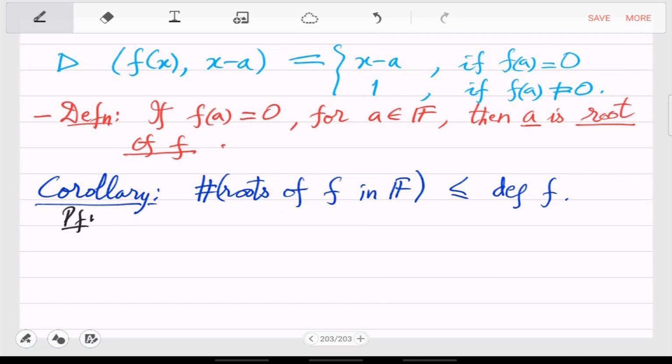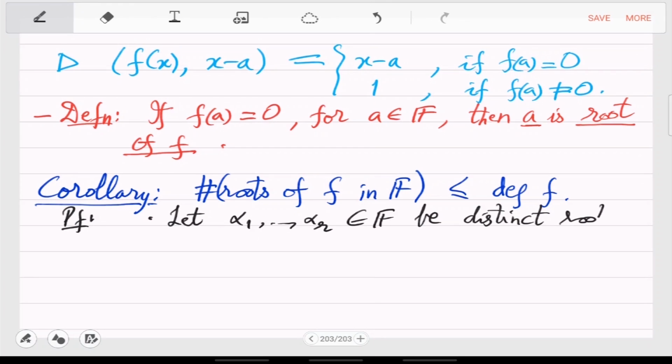The proof: let alpha 1 to alpha r in F be distinct roots of f.